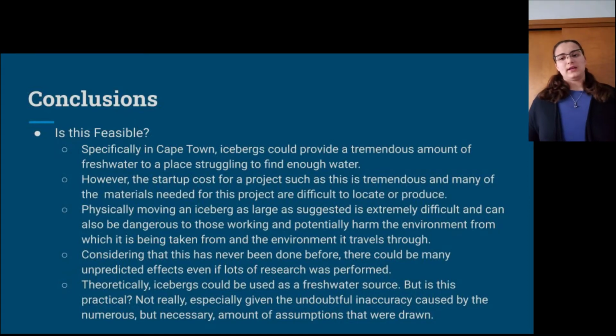So theoretically, icebergs can be used as a freshwater source. But is it practical? Not really, especially once you consider all the factors and the necessary inaccuracies due to the amount of assumptions that were drawn over the course of this project.